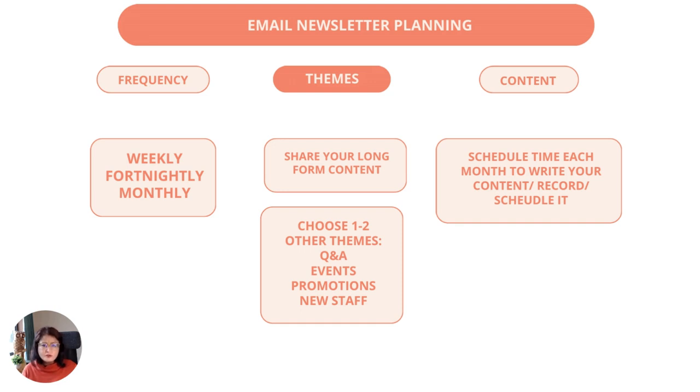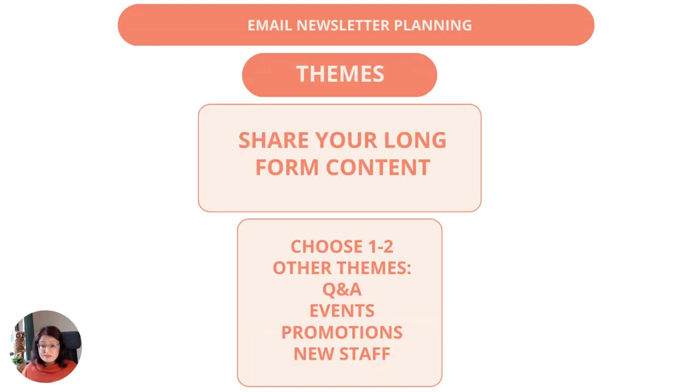Choose one to two other themes, such as maybe having a Q&A section, making sure that you cover events, promotions, new stuff, etc. This can all form part of that planning. Then it's about the content, writing those emails out, scheduling them, and knowing that they're done for the next 3 months, 6 months, and even 12 months.